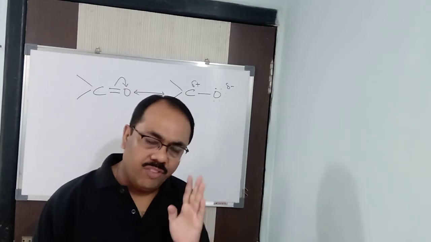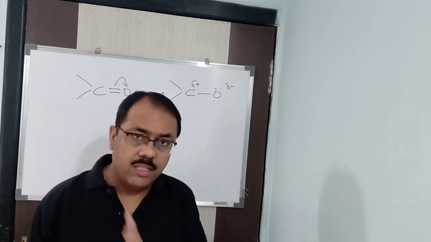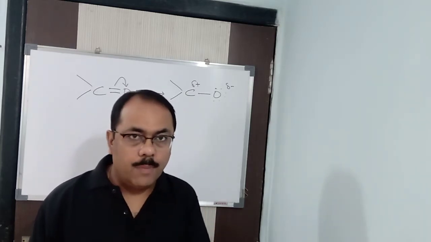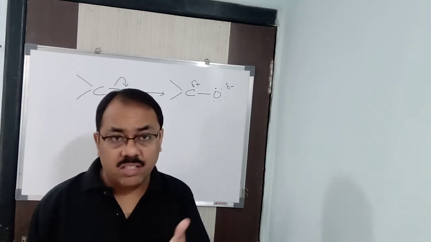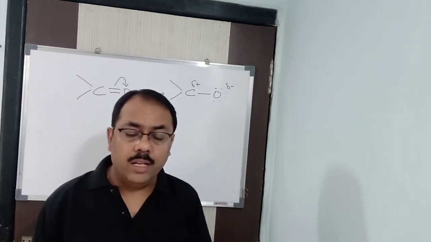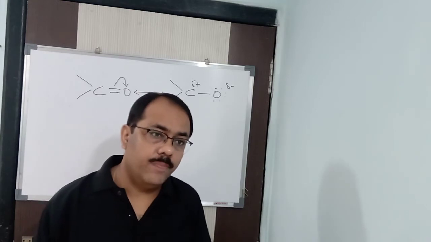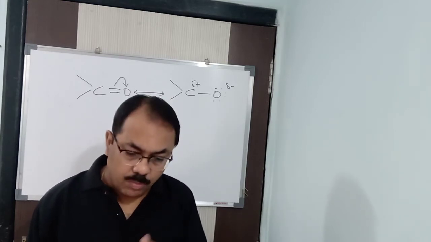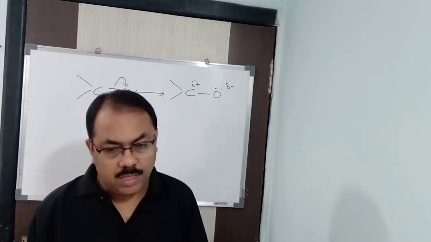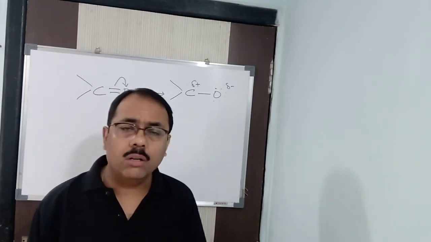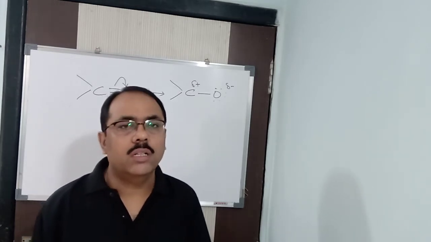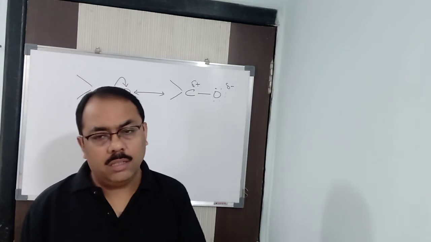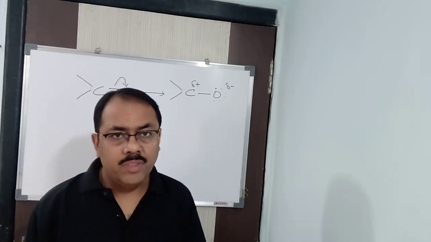If the nucleophile is a weak nucleophile like ammonia and its derivatives, what are those? Hydrazine NH2NH2, then hydroxylamine NH2OH, or it can be OH also, or it can be CONH2, where you will be getting the semicarbazide.